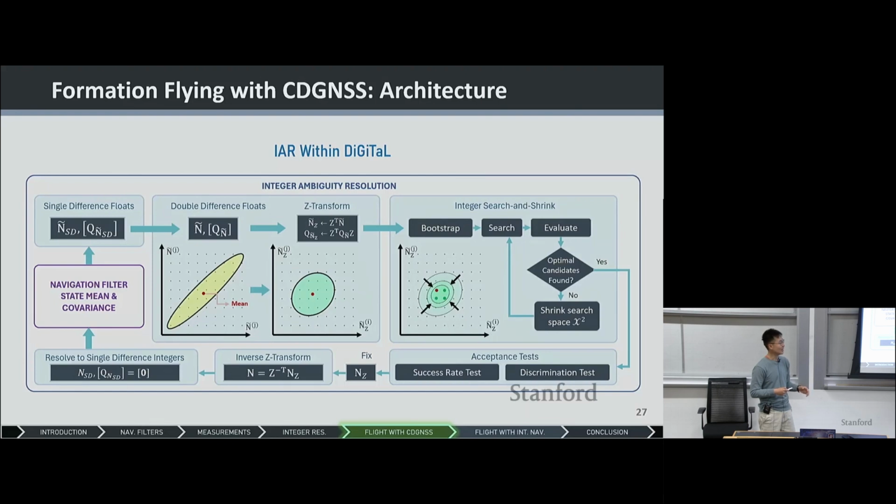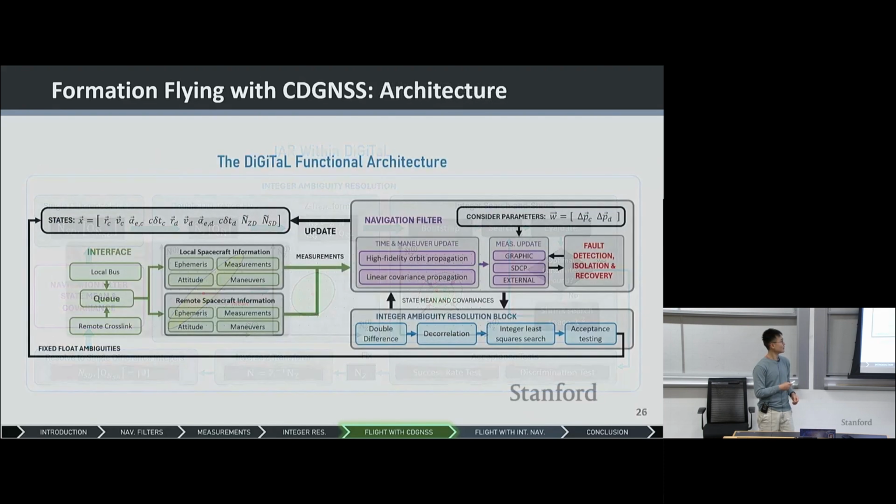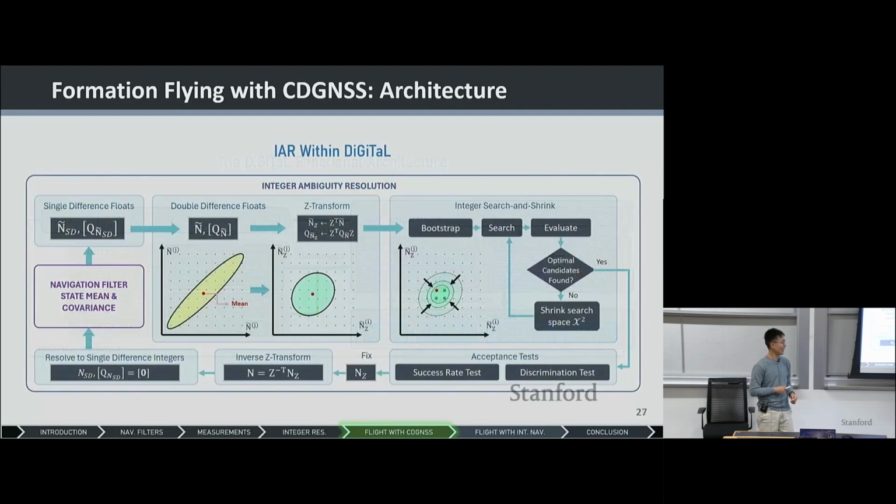Then we begin searching and evaluating discretely what the optimal candidates are, and we continuously repeat the search until we have the two most optimal integer candidates. We pass them through a set of statistical tests, and we convert them back into single differenced. Because they were double differenced here, and our state vector deals with single differenced integer ambiguities, we resolve them back and plug them back into the state vector.